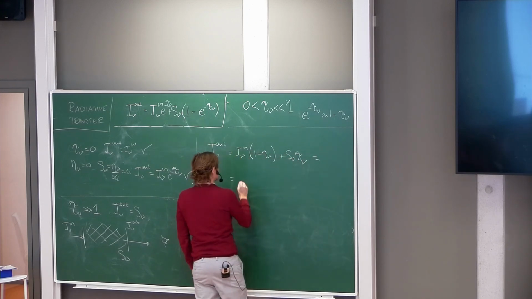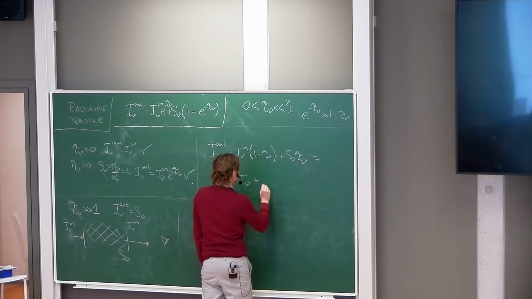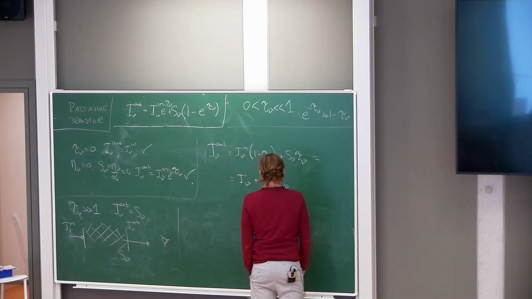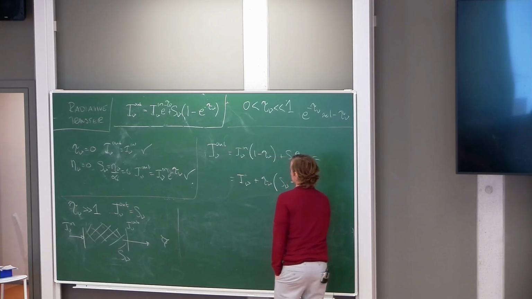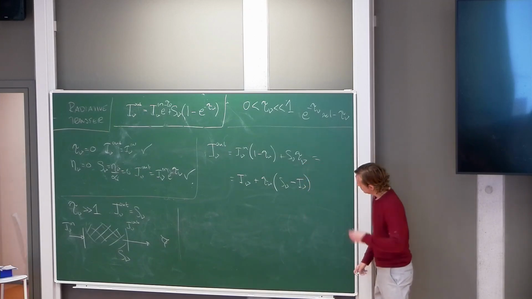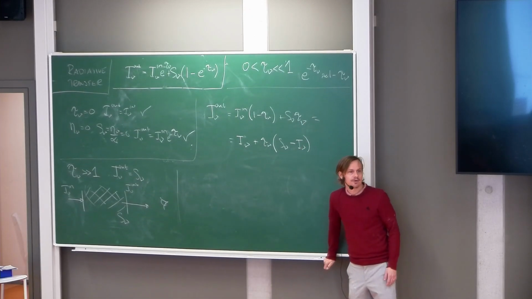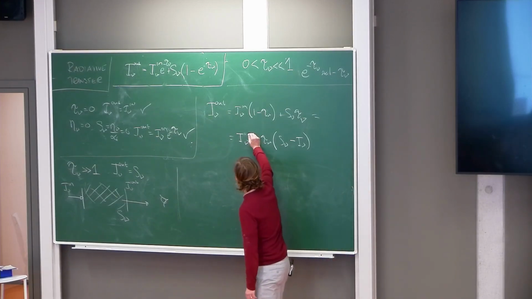It's convenient to write this in this form, I think: I_nu out minus I_nu in. So what can we say about this situation here? Well, first, this is I_nu in.